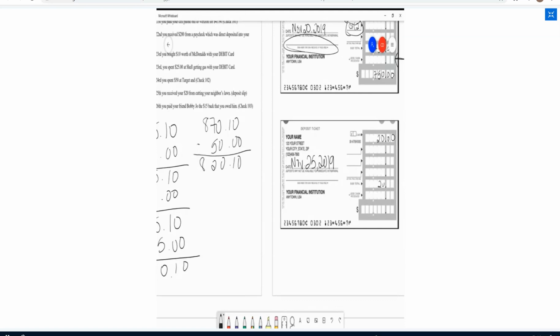Subtotal of 20. Any questions about that one? Pretty simple.